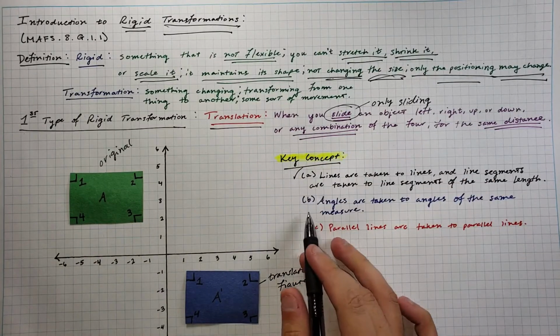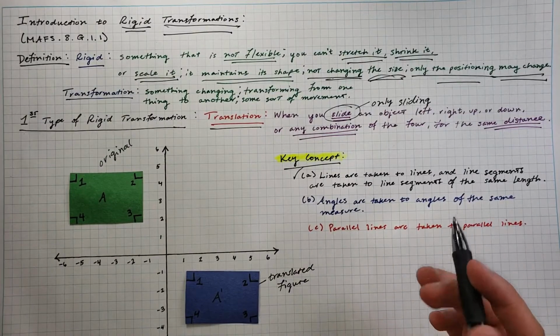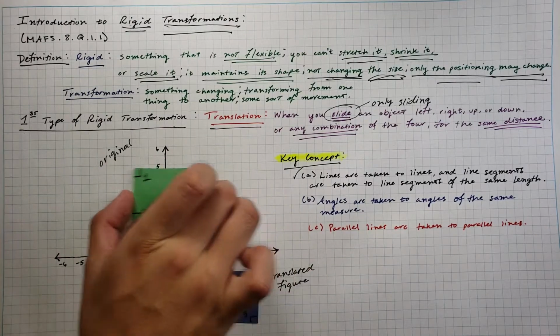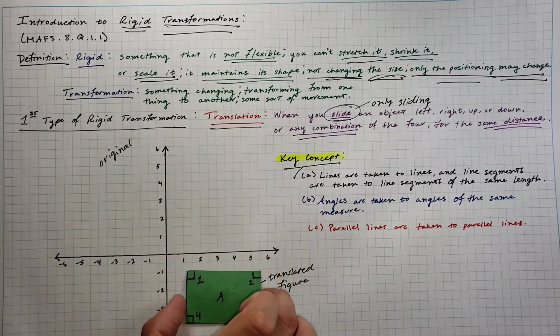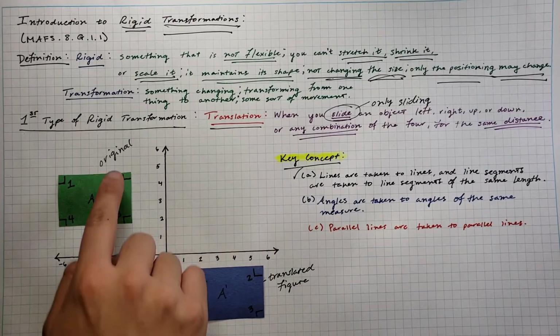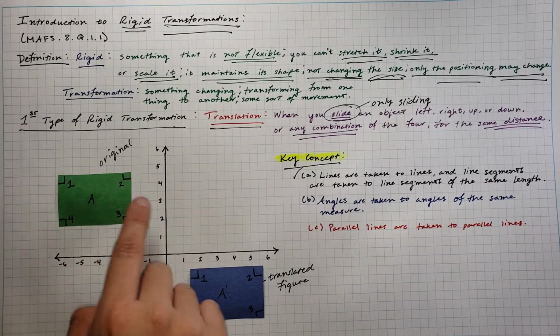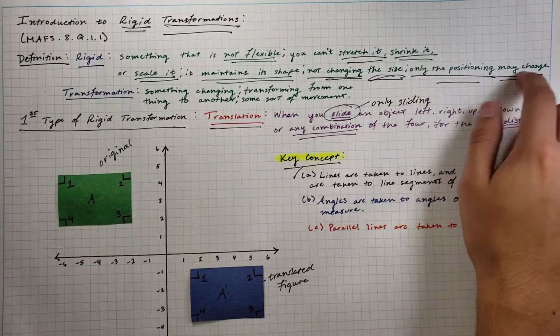For part B, it says angles are taken to angles of the same measure. All that means is that when you're translating a figure, in this case the rectangle A, we're moving it around. We moved it here and then moved it down. And when we did that, the angles didn't change, right? We stayed with 90-degree or right angles the entire time. So we're not changing the angles. We didn't change the length of the lines. We only changed its position. That's what we set up here.